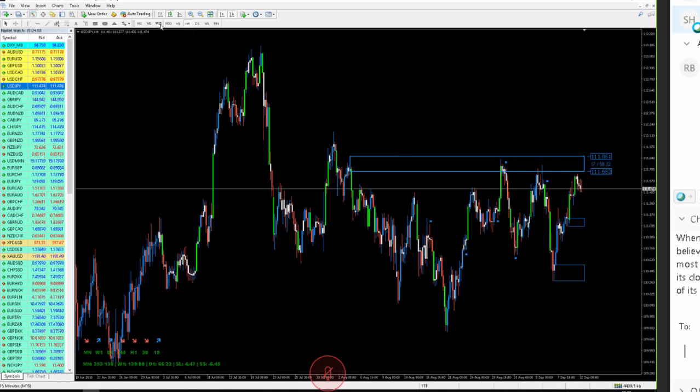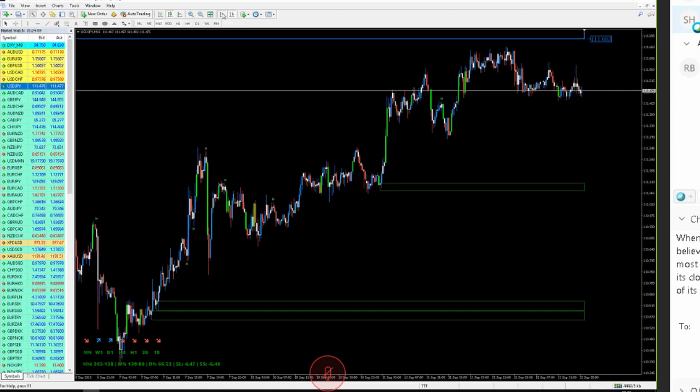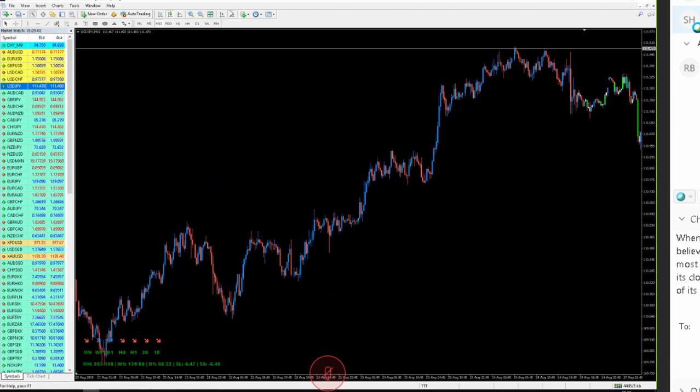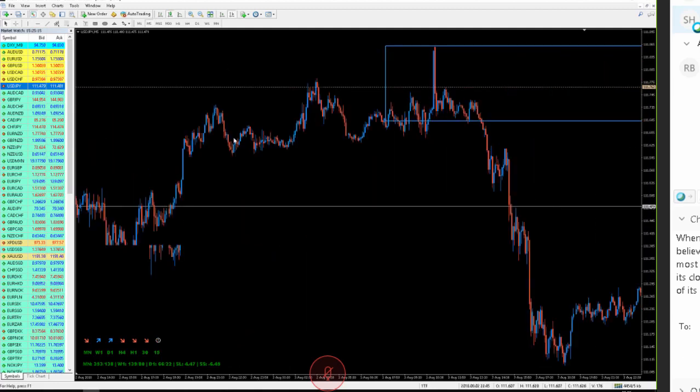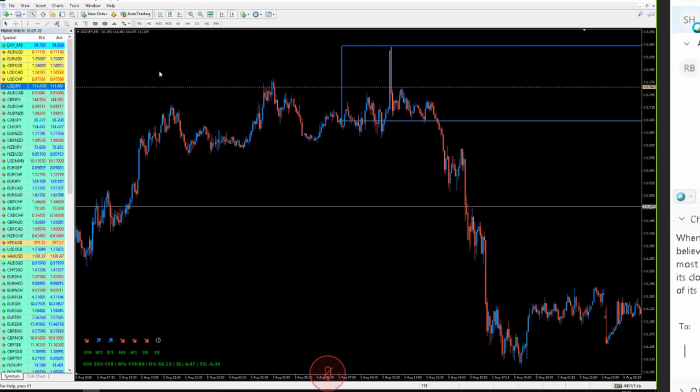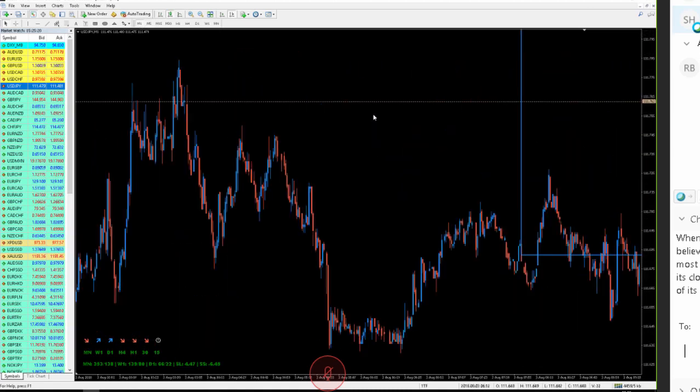Let me go down to the 15-minute chart. Moving sideways. Okay, so here, where do we have it? Right there. We want to see if we can get a better price.